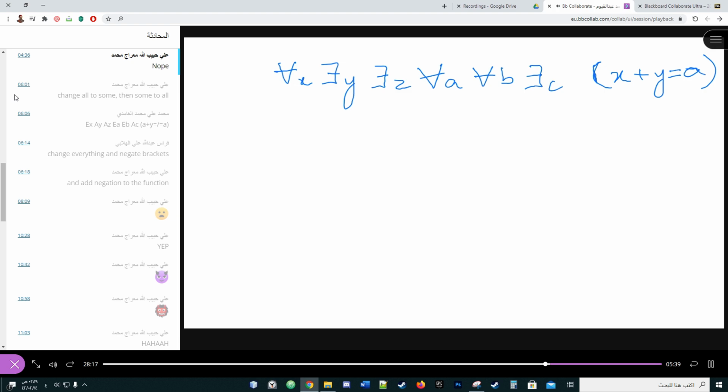Okay, so you'll have an expression like this, and then you'll be asked to negate this expression. How will you go about doing it? So you have to find the negative of this.